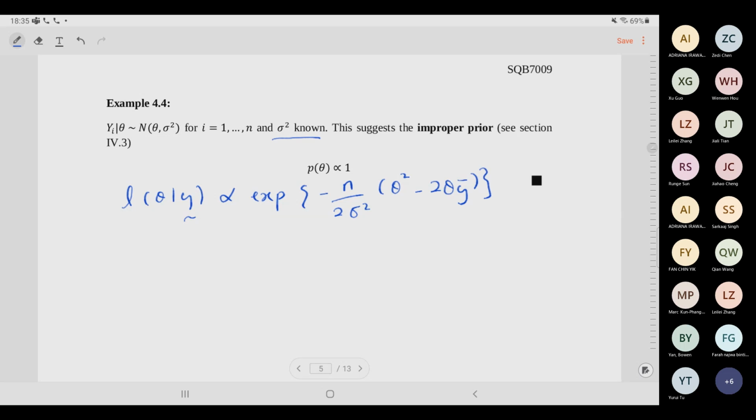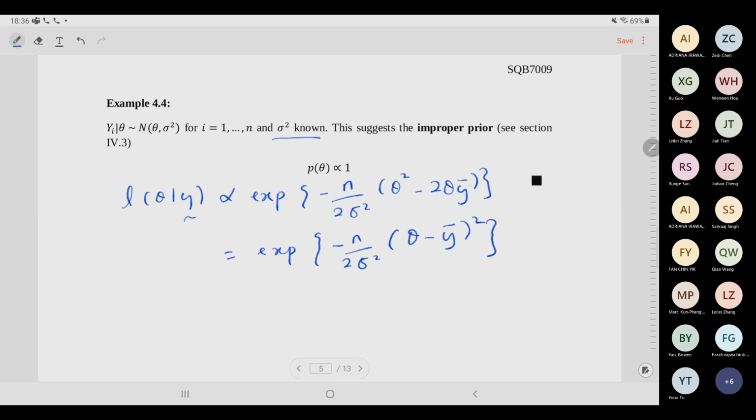Then if we were to compare it, if you look at this kernel, we can also rewrite it in the form of the normal, which is theta minus y bar squared.